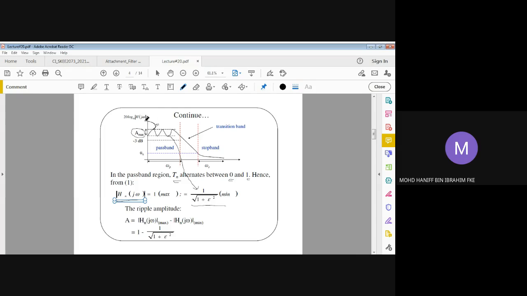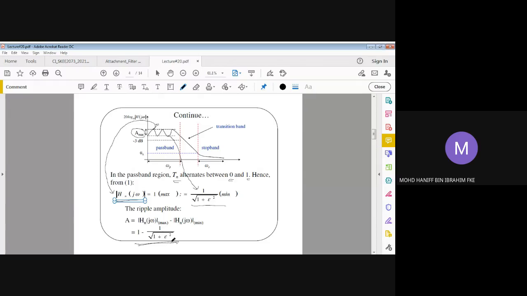If I label it, that should be the maximum amplitude, and that should be the minimum amplitude. A max is the difference between the maximum and the minimum, which is the ripple amplitude.